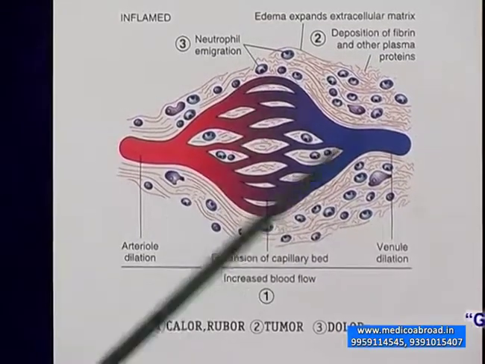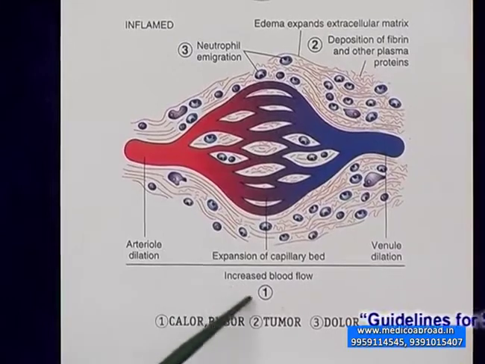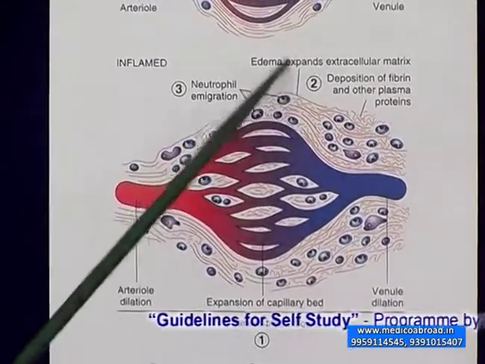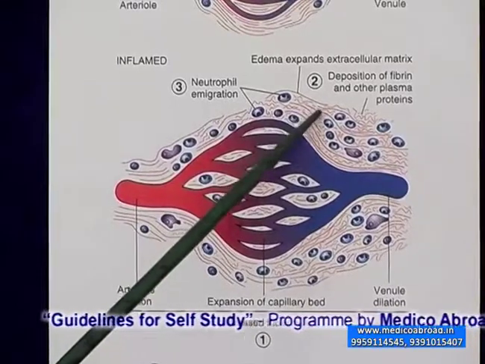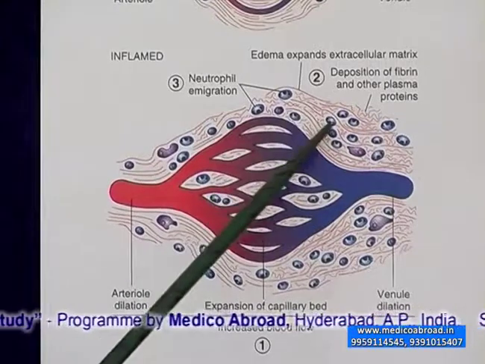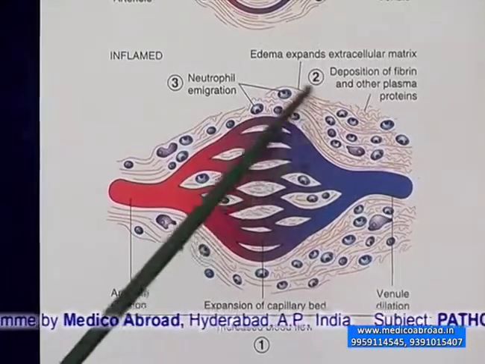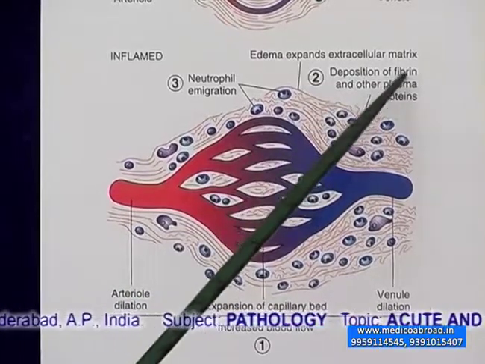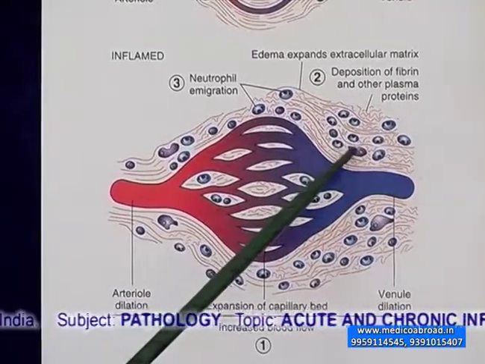Let's look at point number 2. Because of this increased blood flow, the extracellular matrix is expanded by the extracellular fluid which accumulates. The more the blood flow, the more the extracellular fluid that accumulates here. Because of this edema, deposition of fibrin and other plasma proteins occurs.